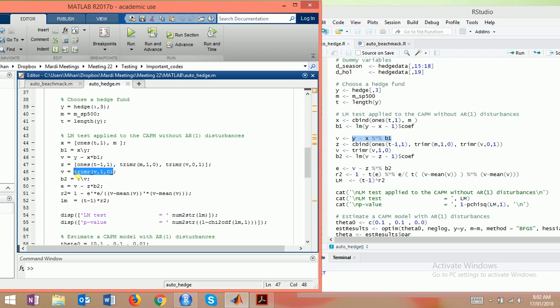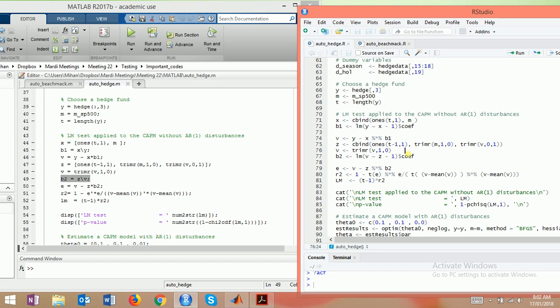V_t and V_t minus 1, that's all. So we allowed once to mess it up, T minus 1, then we start cutting off the first row, then trimmer V01 and trimmer V10, and then we do the regression again.